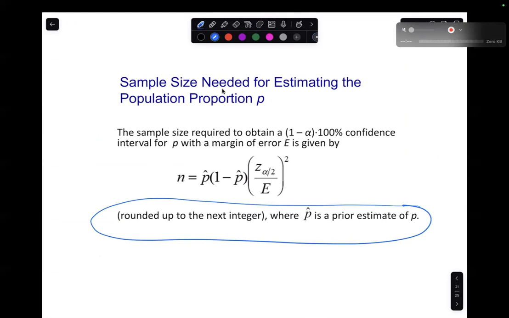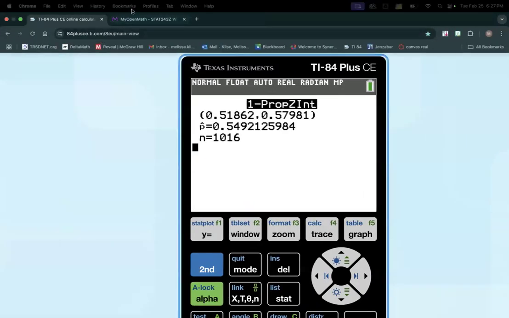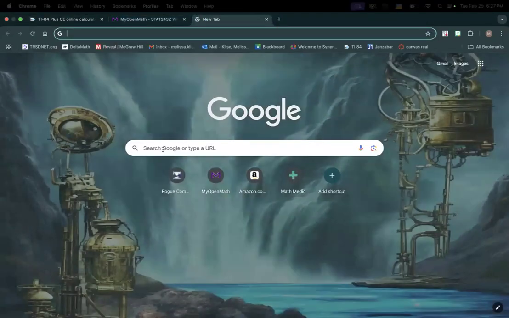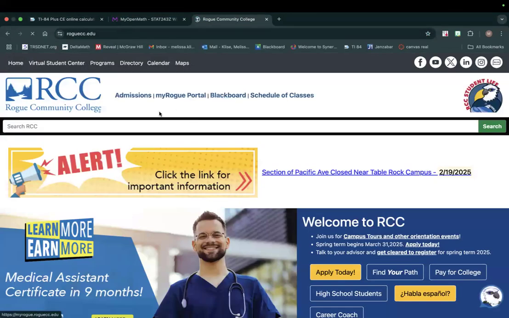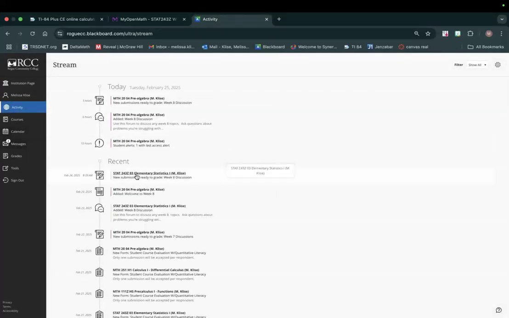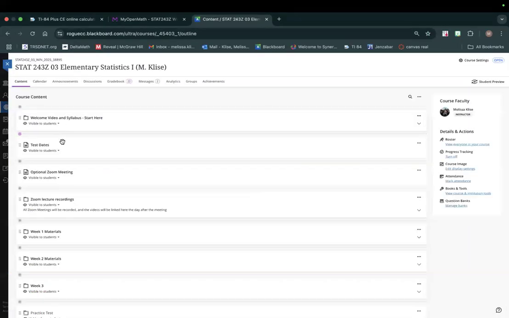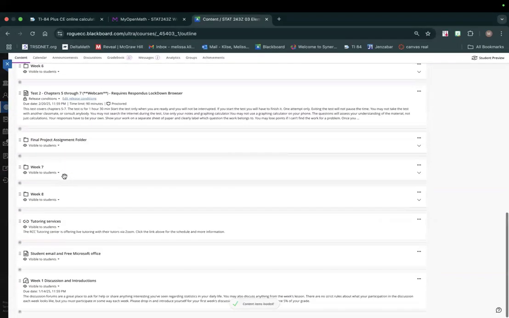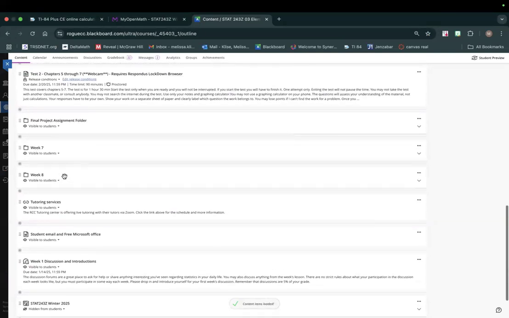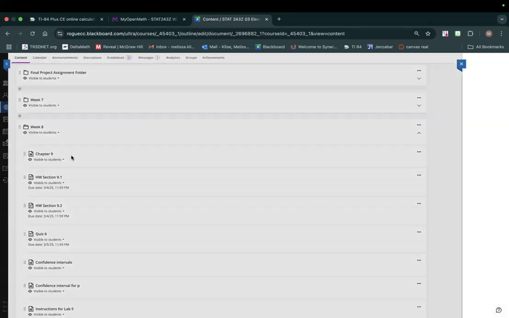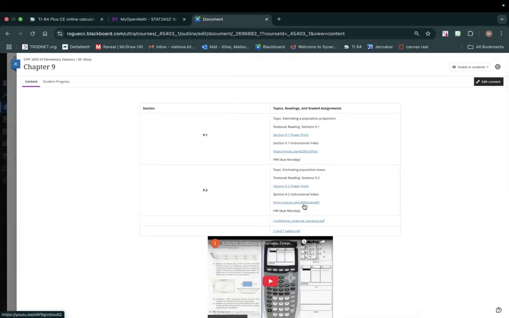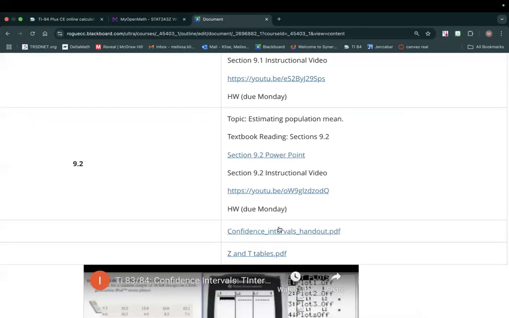I have a cheat sheet, don't worry. Let me go back to Blackboard. What week are we in? Week 8. If I go into the chapter 9 materials, here, see this handout right here?